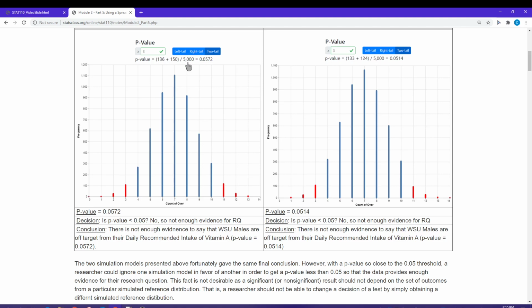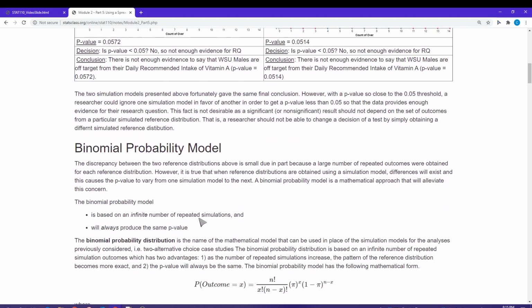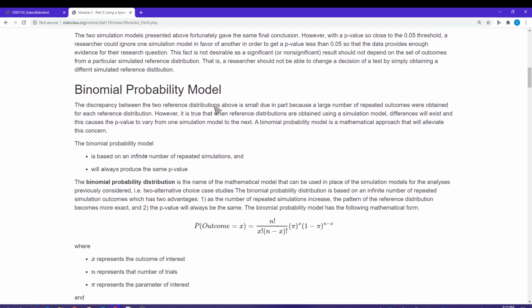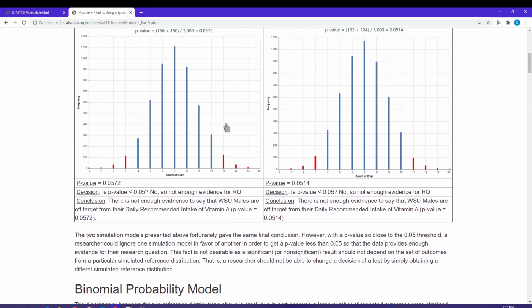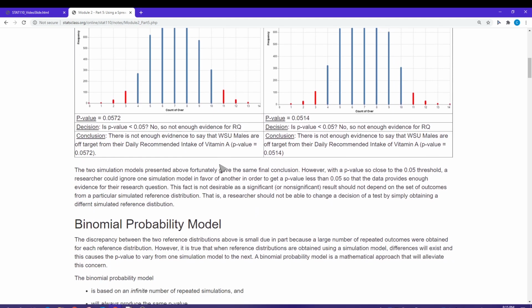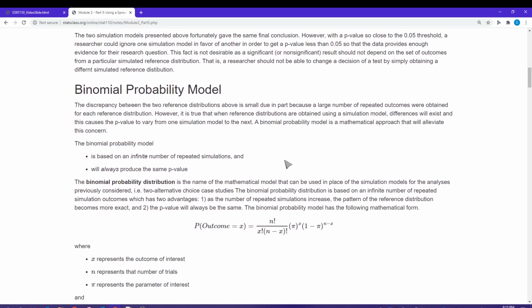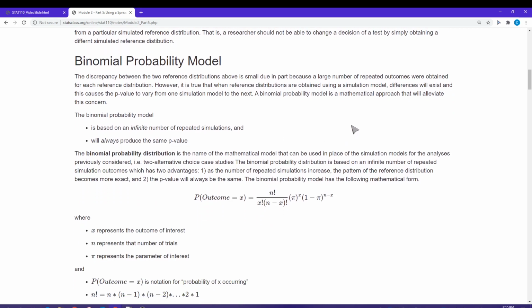So instead of using 5,000, we would just use an infinite number of dots, or an infinite number of repeated outcomes. Now certainly I cannot let my computer run forever, so this idea of a binomial probability model is a mathematical approach to obtaining this reference distribution. This is a very common probability model that we use in statistics.